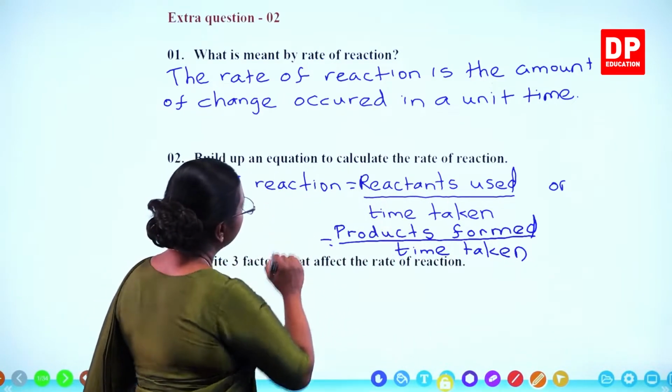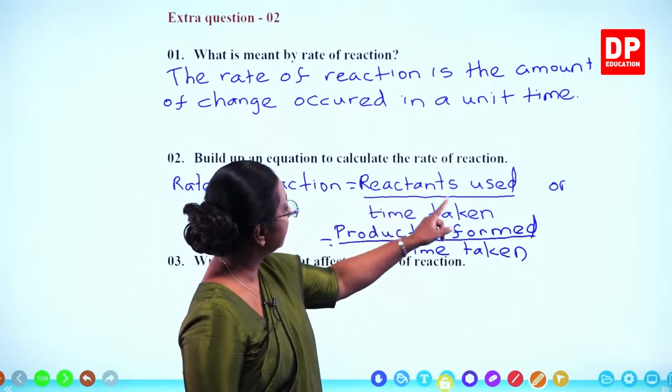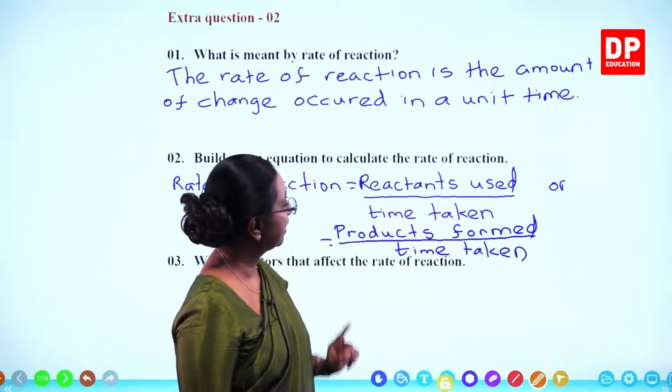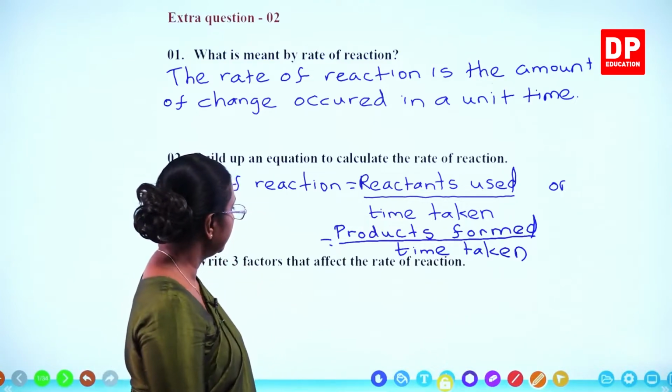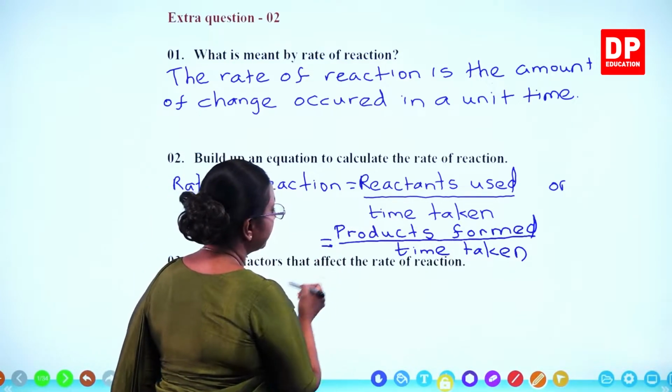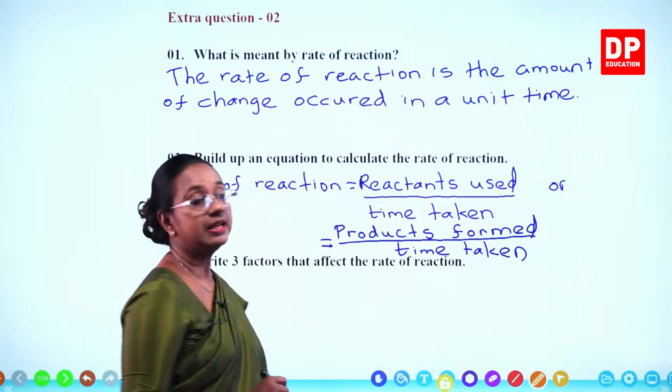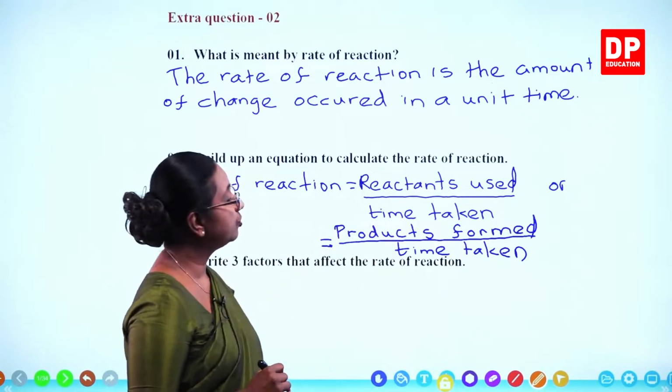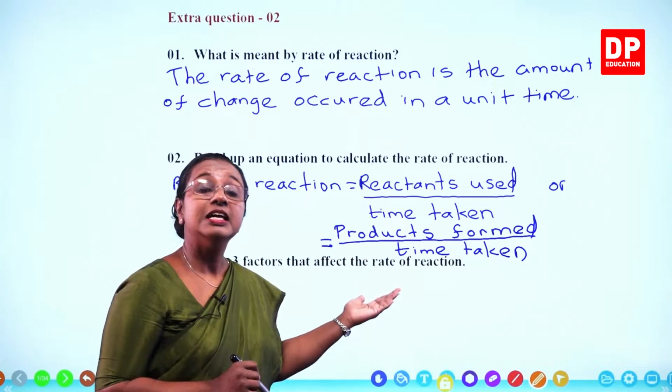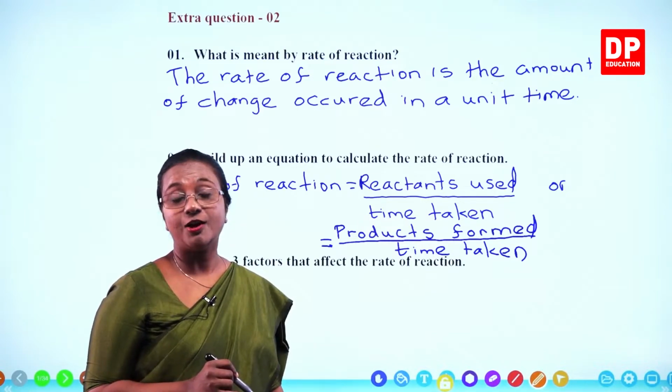So the rate of reaction can be either reactants used up divided by time taken or products formed divided by time taken. One of the two can be used as the equation to calculate rate of reaction.